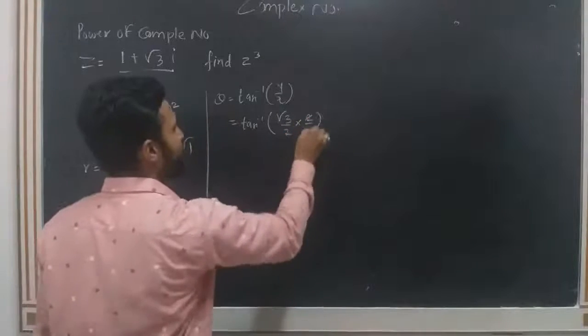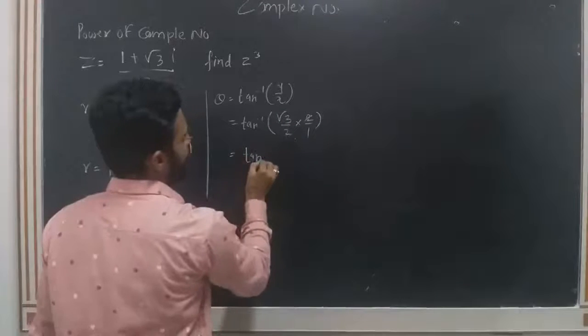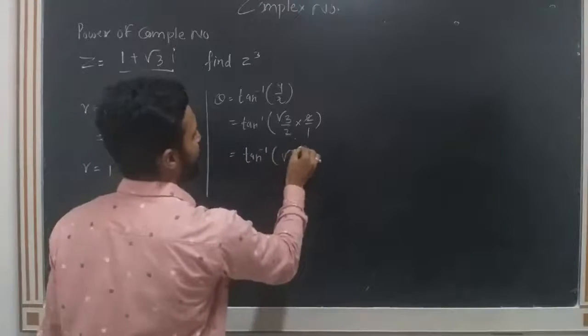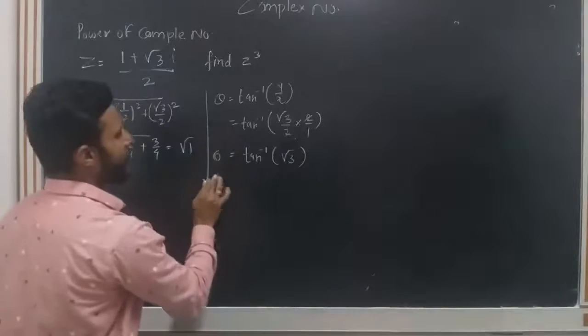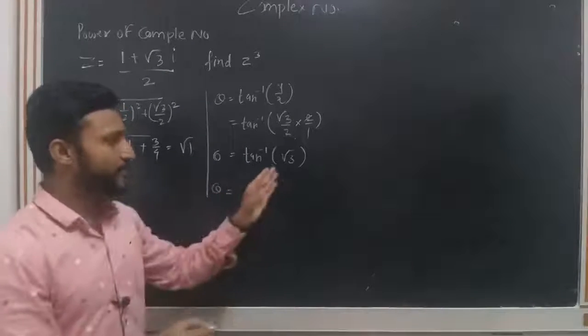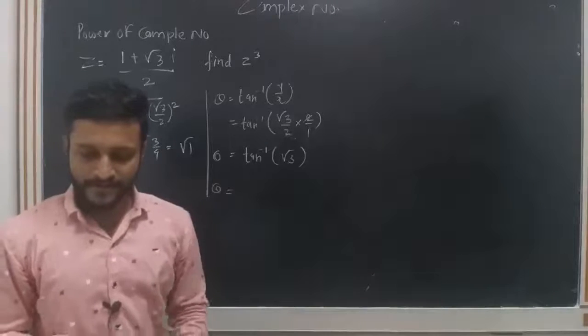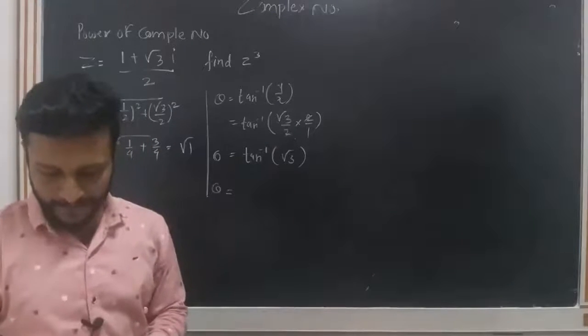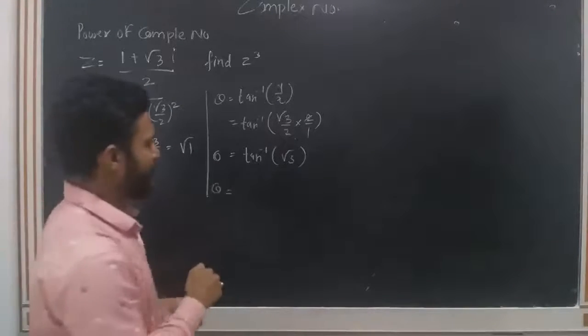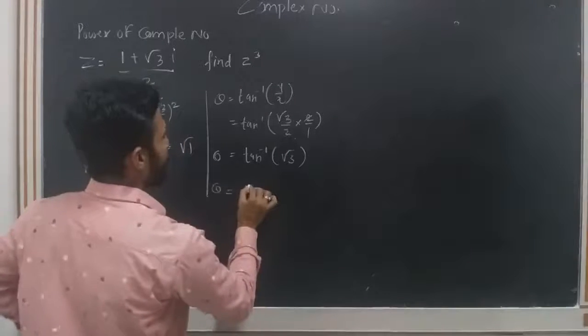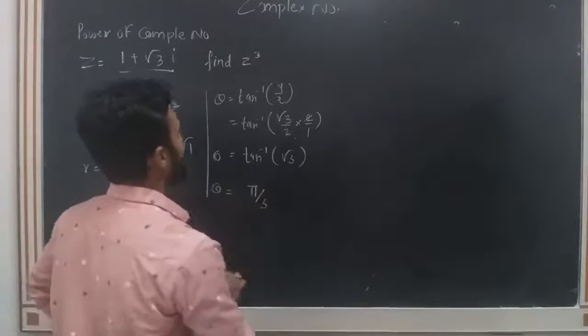So 2 gets cancelled, root 3. So tan inverse of root 3. What is the value of theta there? If tan inverse of root 3, then the value of theta is pi by 3. You can go through the table. So theta is equal to pi by 3.